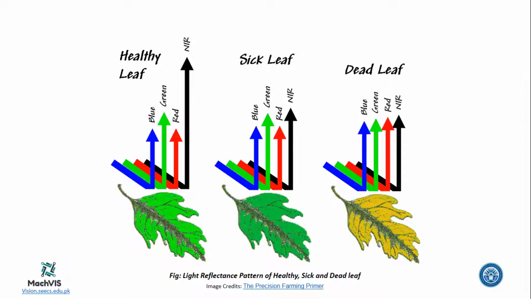Most important thing to note here is that the green reflectance is more or less the same with the healthy leaf, with the stressed leaf, and with the dead leaf. The reflectance pattern of the green is more or less the same.